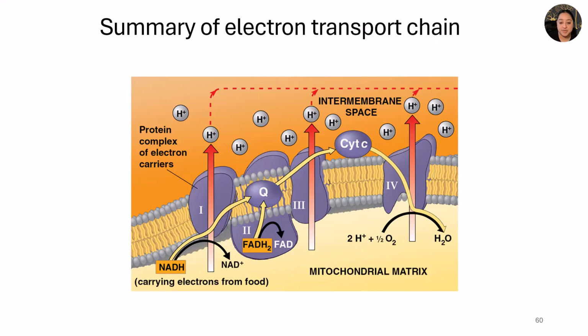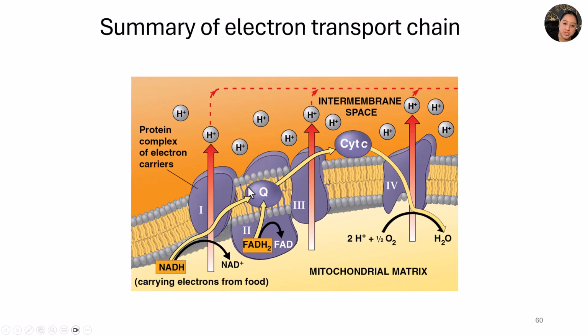So this is the summary of how it looks in the inner mitochondrial membrane. These are the different complexes, 1, 2, 3, and 4. There's a bunch of stuff in the complexes that we're not showing in detail. But the NADH feeds the electrons, and this yellow arrow is showing the path of the electrons getting passed along.